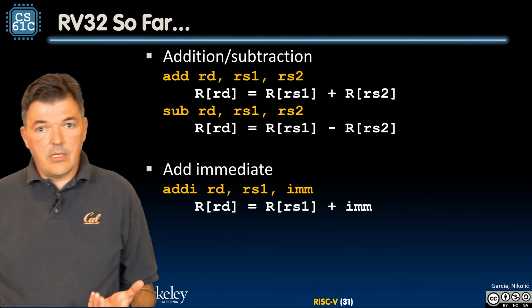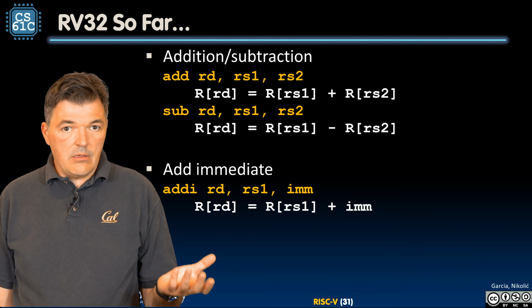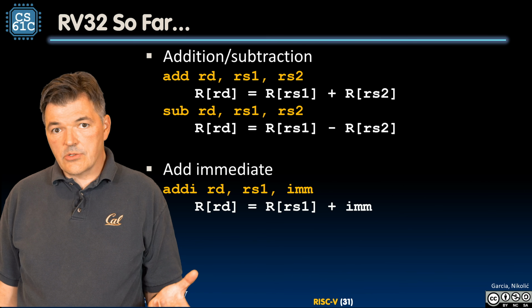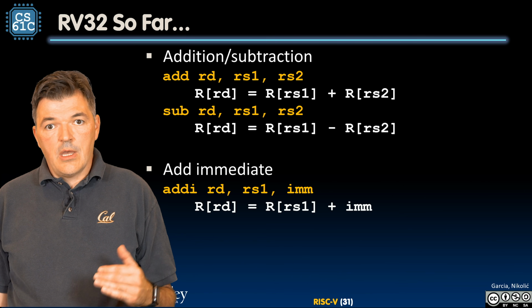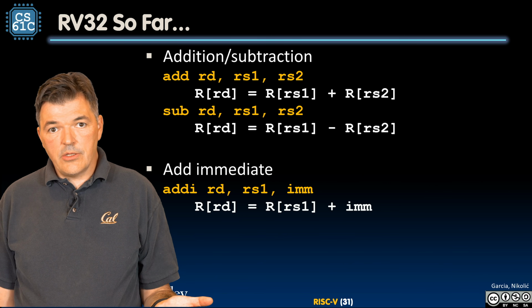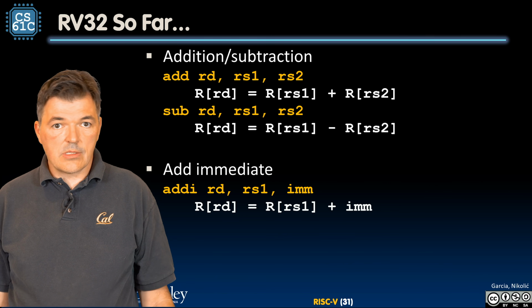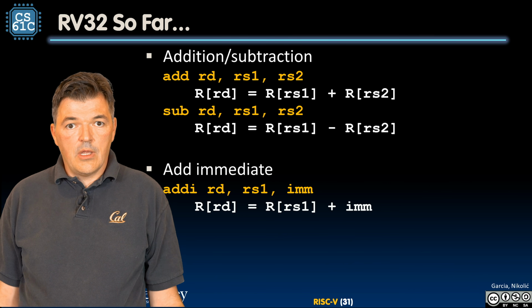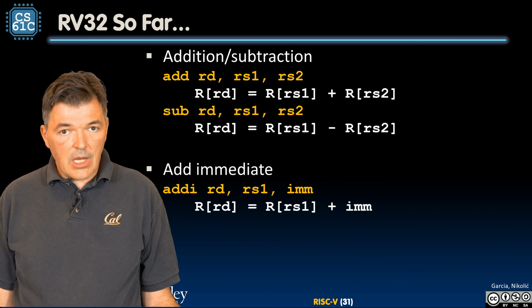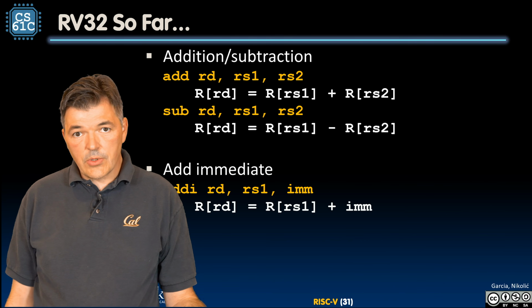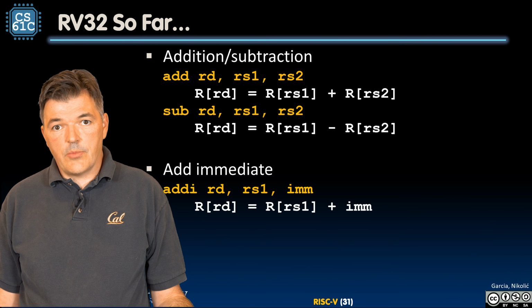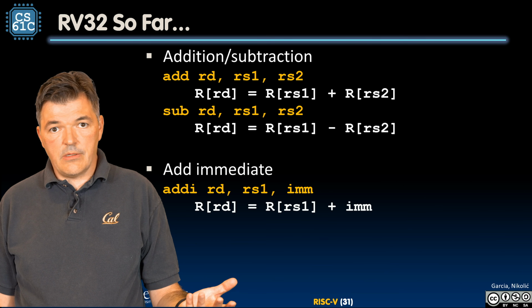There is a limited number of registers in every processor. The RISC-V architecture specifies 32 registers, out of which we can theoretically use up to 31 because register X0 is hardwired to 0, so we can use up to 31 of them for storing temporary variables.